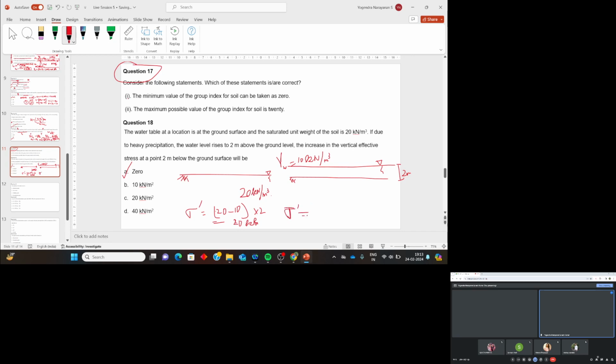So sigma dash will be 10 into 2 plus 20 into 2 minus 10 into 4. So this and this will cancel out.